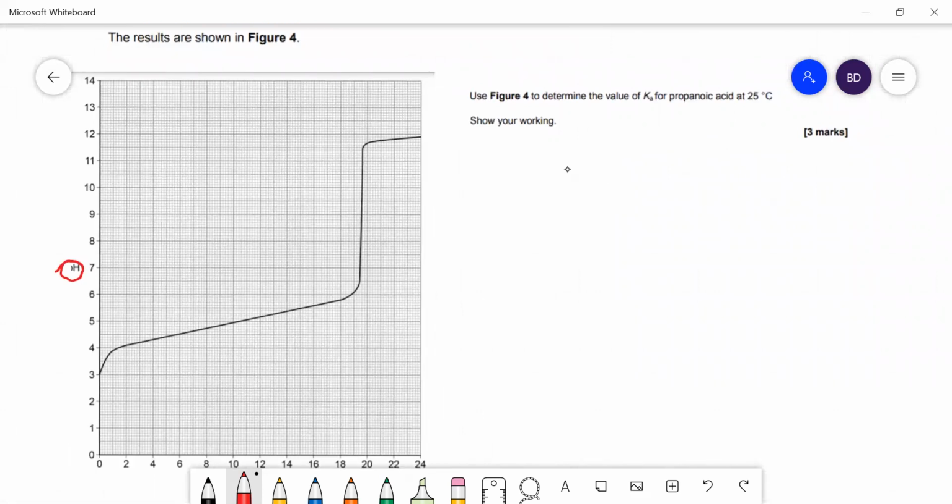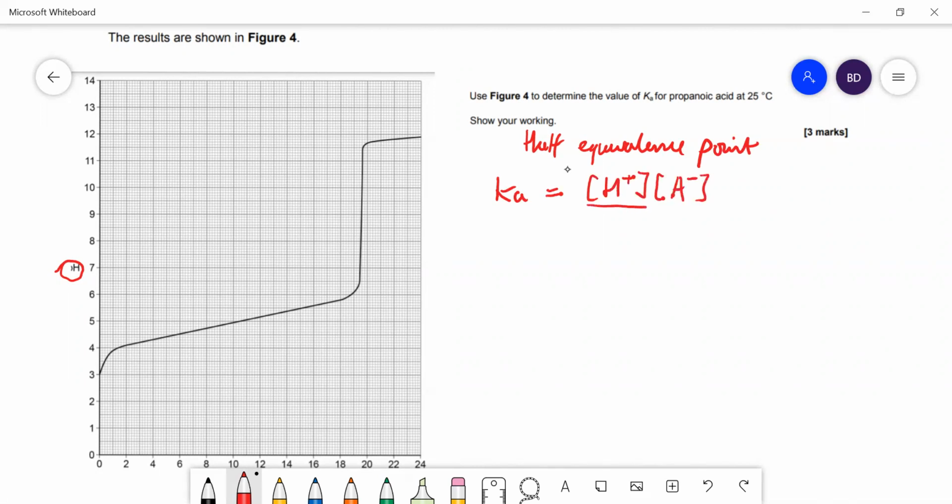Now, what they're asking us to do here, there are a couple of ways of doing this, but I think really what we need to be looking at is the half equivalence point. That's the easiest way of doing this. Now, we know that Ka for a weak acid is equal to H plus times A minus concentration divided by HA.